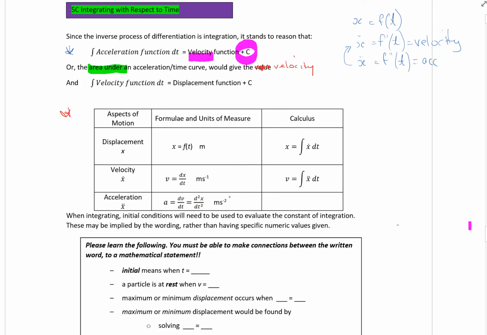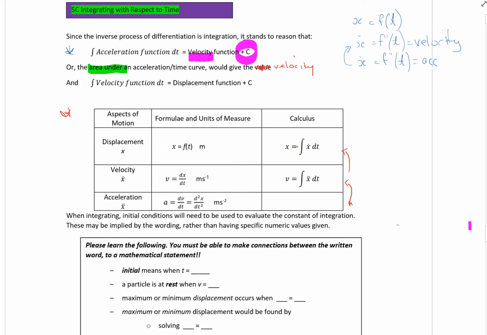Whereas now in 5C, you're probably going to be given a statement about acceleration, which will enable you to start here. You'll know acceleration, and you'll be moving back to velocity and then back to displacement.